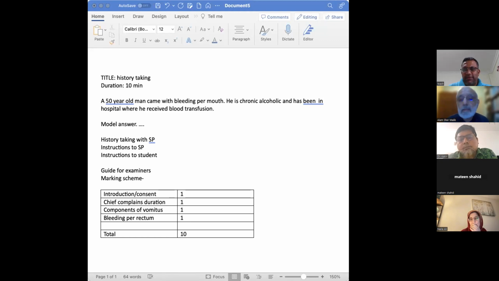Okay, now we have to, because the student doesn't know how many questions you want him to ask. And if you have 10 questions, with 1 mark for each question, and the student asks only 5 questions, then the student would be losing marks. Right? Now, what's the solution? The solution is that you have some important questions.